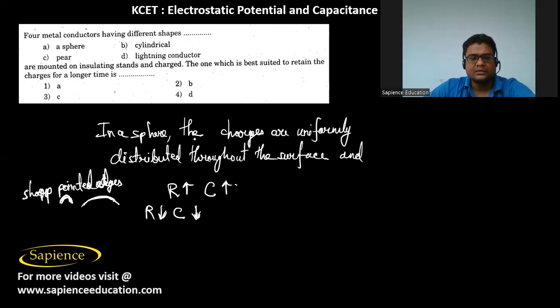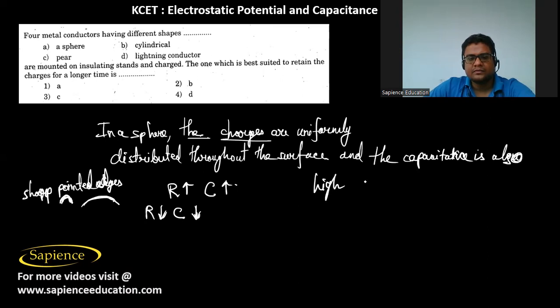So in a sphere, the charges are uniformly distributed throughout the surface, and the capacitance is also high.